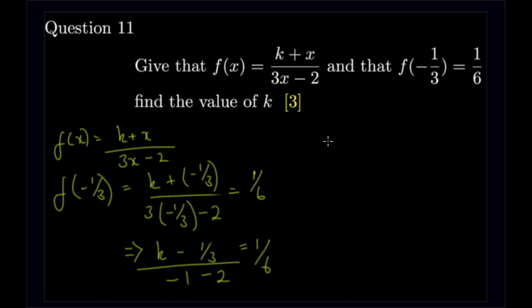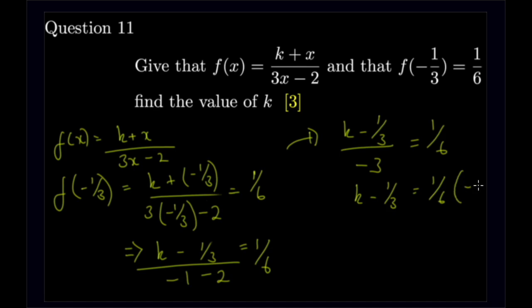So here you get k minus 1/3 divided by negative 3 equals 1 over 6. So k minus 1/3 equals 1 over 6 multiplied by minus 3. So you get k equal to, when you put this to the other side, 1/3 becomes positive.